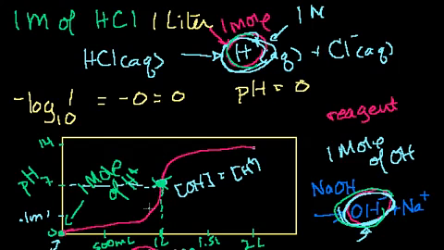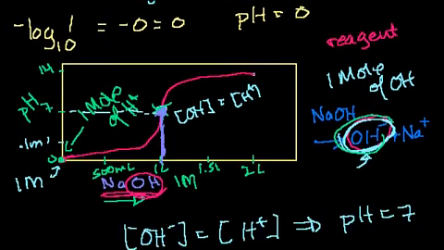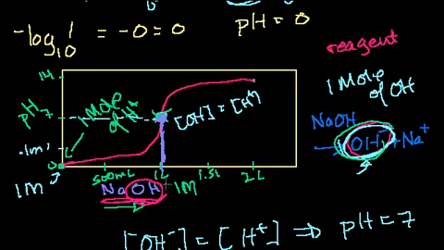And if you want to eyeball where the equivalence point is, you look for the steepest point in the graph, because that's the point where you're going from having a majority of hydrogen versus hydroxide to having a majority of hydroxide versus hydrogen. So it creates this inflection in the graph, and you just would have to look at this chart and say, oh, I added a liter of this solution. The concentration of this solution is 1 mole per liter. It's 1 molar.